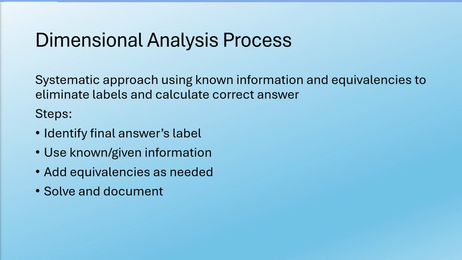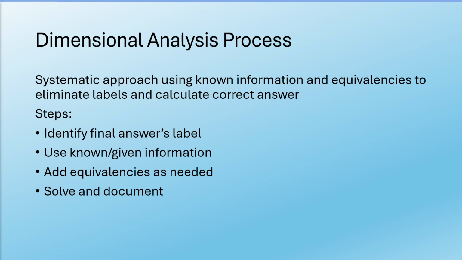And then based on that, we're going to add in what information we know or are given in the problem, or that we can pull from the equivalencies as needed. We set that up in a way that identifies those relationships and allows us to get rid of all labels other than the final label we want to end up with. And then all we have to do is solve the basic math involved and document our answer.